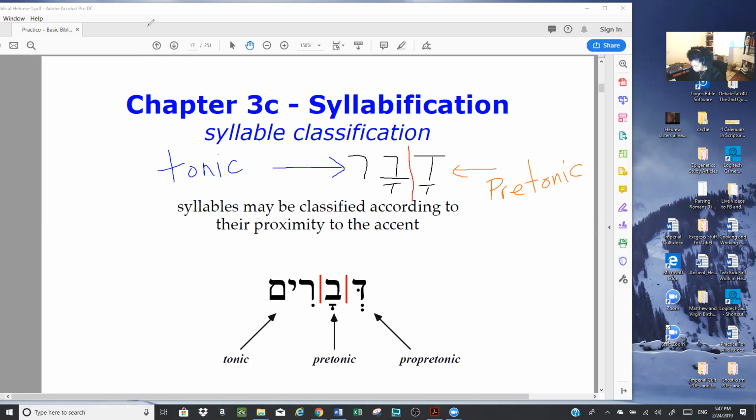So in debarim, the syllable de is the propretonic, ba is the pretonic, and rim is the tonic.